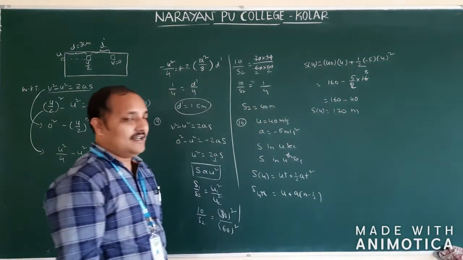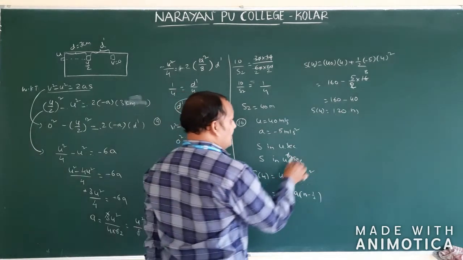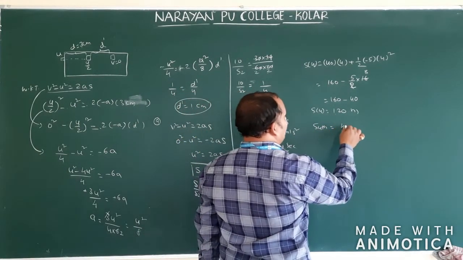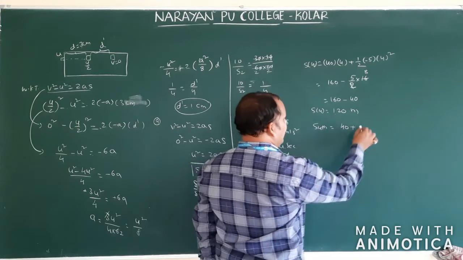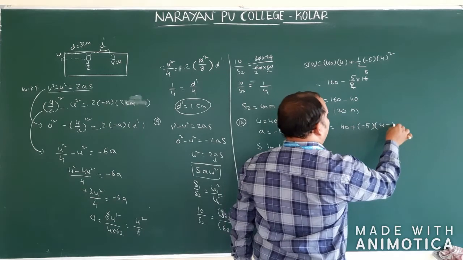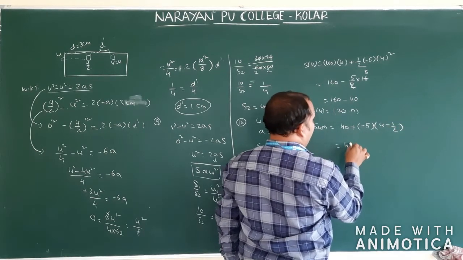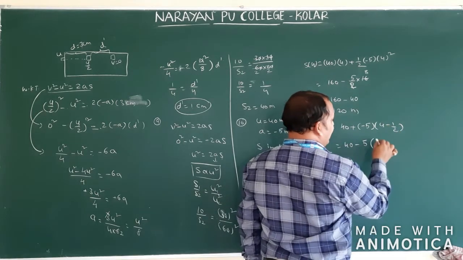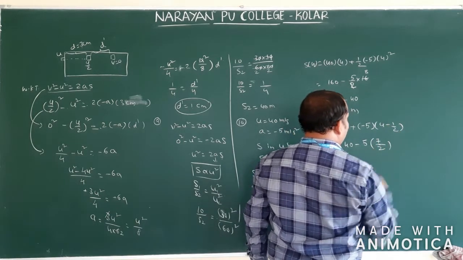Now what is the distance in 4th second? 4th second means S4 is equal to u plus, u value 40 plus a value -5, n value they give 4. 4 minus 1. 40 minus 5 into 4 into 2, 8. 8 minus 1, 7 by 2.